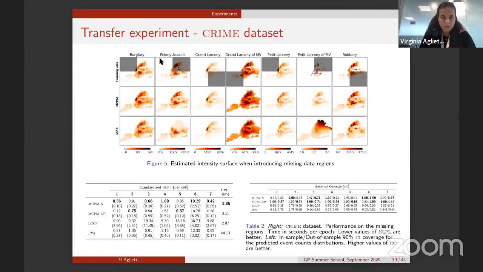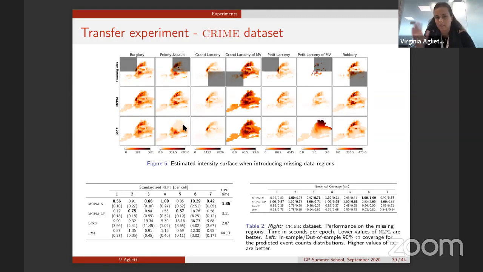So if we look, for example, at felony assault and focus on this specific data region, the shaded region, you can see how a multitask model is able to recover the value, or approximately the value, of the intensity function in this region, while the log Gaussian Cox process model is just smoothing over because it doesn't share any information with the other tasks.